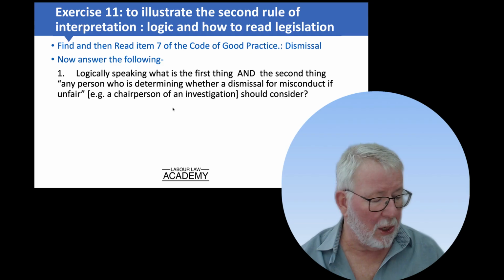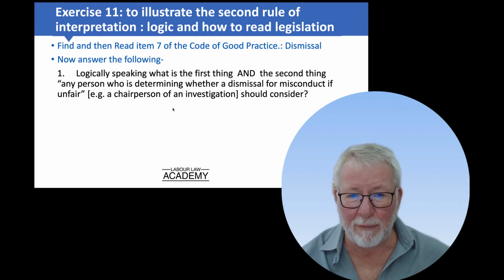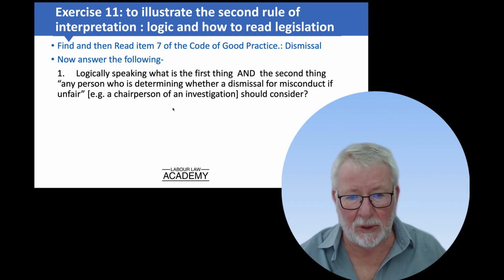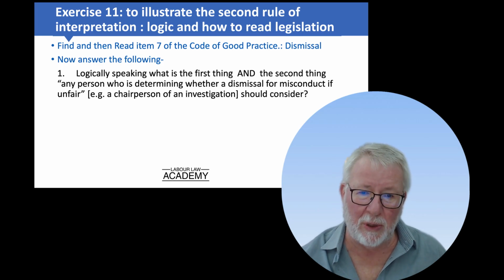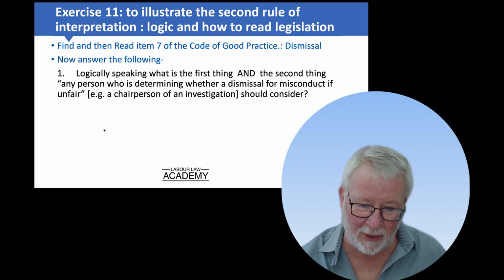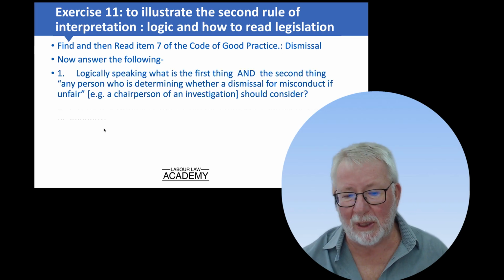You're probably going to have to read that a few times to be able to answer the question. I'd like you to do that because it's important that you get the right answer and not wait for me to tell you what the right answer is.